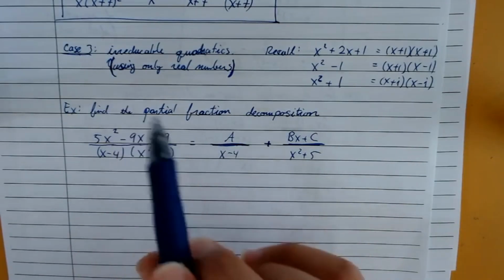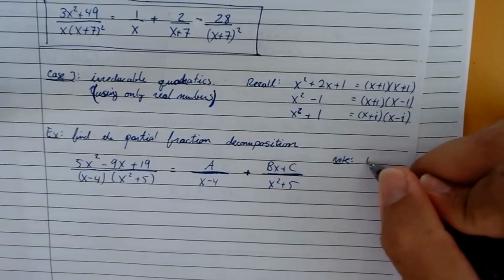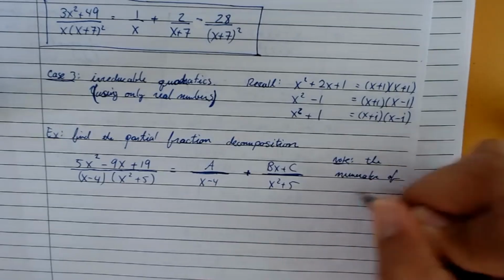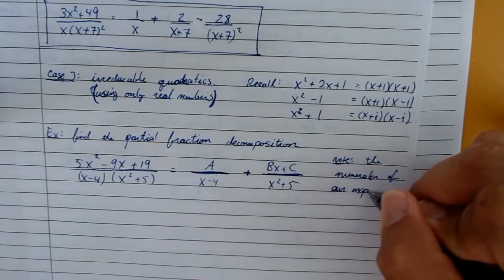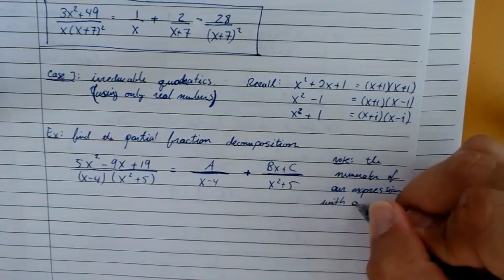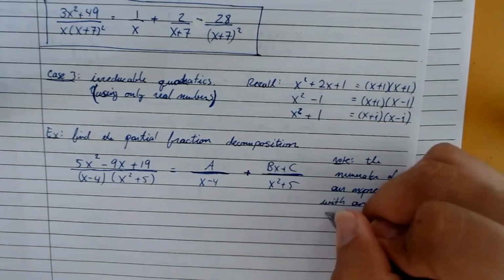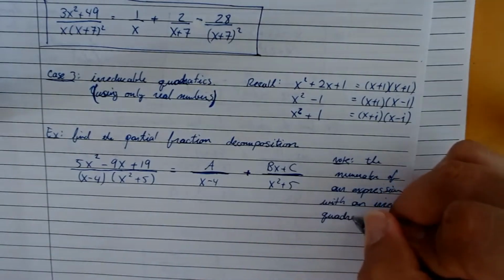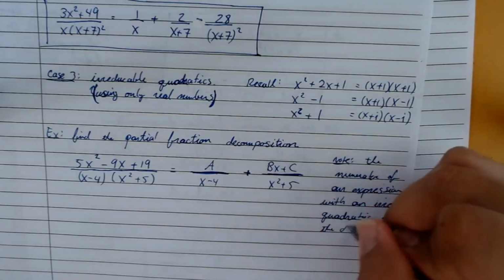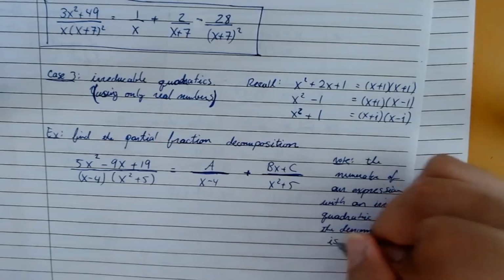In the situation where you have an irreducible quadratic, note the numerator of an expression with an irreducible quadratic in the denominator is going to be linear.